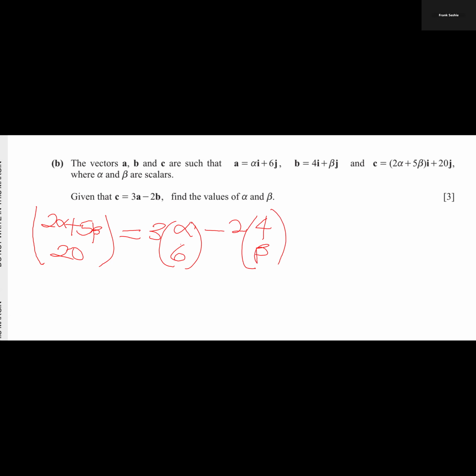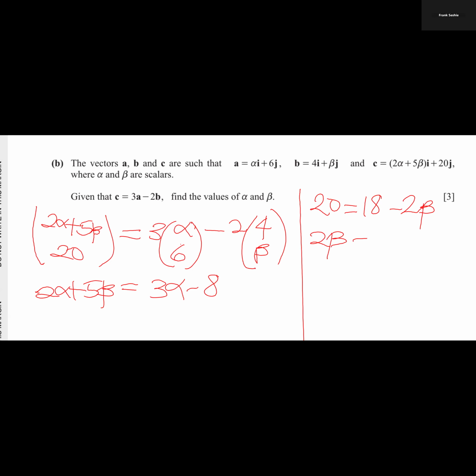So if you're working at this, you can say 2 alpha plus 5 beta is equal to 3 alpha minus 8. Then we can also say that 20 is equal to 18 minus 2 beta. So 2 beta comes here to positive. We have 18 minus 20. So 2 beta is going to be negative 2, divided by 2.